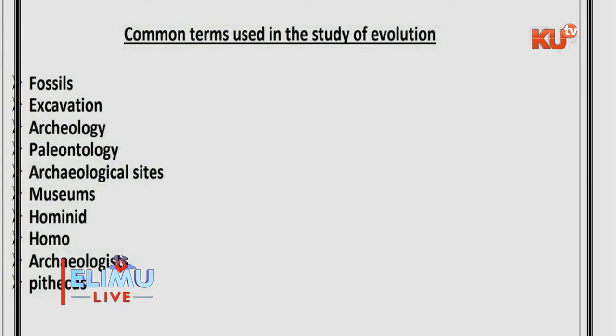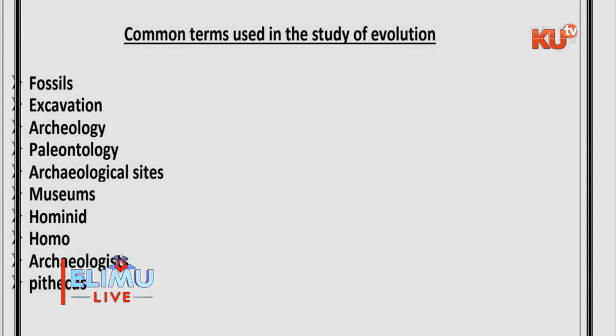For example, the definition of the word excavation is derived from fossils, because excavation is the digging of fossils, and fossils are the remains of early man.